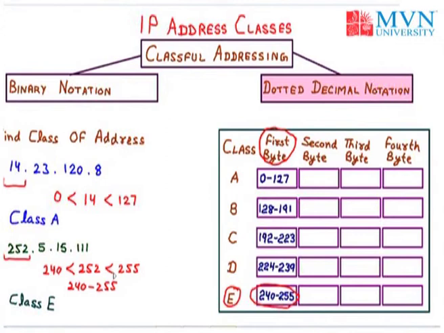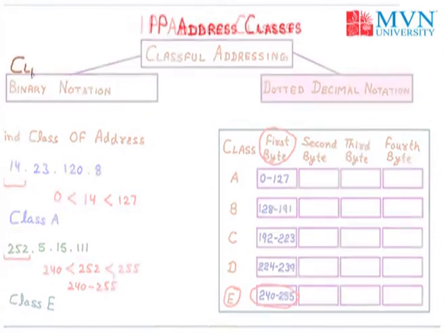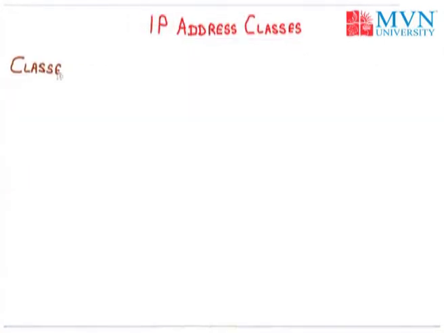Next we will discuss classes and blocks under classful addressing in IPv4. As we know, the classes are A, B, C, D and E, but every class is divided into particular blocks. So let's draw a table to show all the blocks, their block size, number of blocks and their applications.